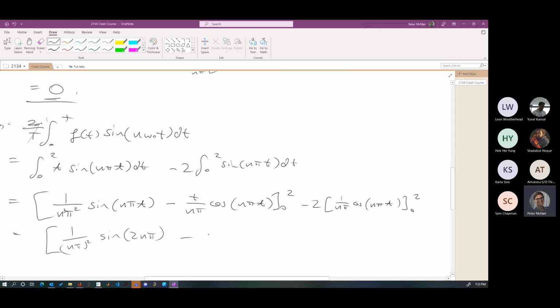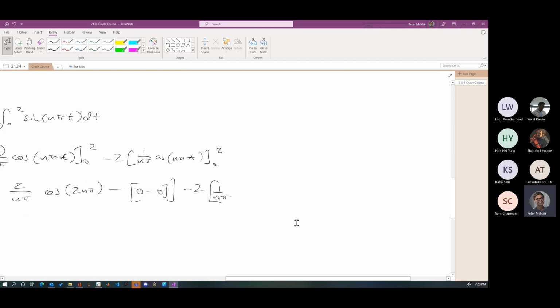So we already know that's going to 0, then 2 on n pi cos of 2n pi minus sine of 0 is 0, and this t is going to send it to 0. So that goes to 0, and then we minus our 2. This is going to be 1 on n pi cos of 2n pi minus 1 on n pi cos of 0. So that's 0. So this goes to 1. This goes to 1. These cancel. So this whole term goes to 0.